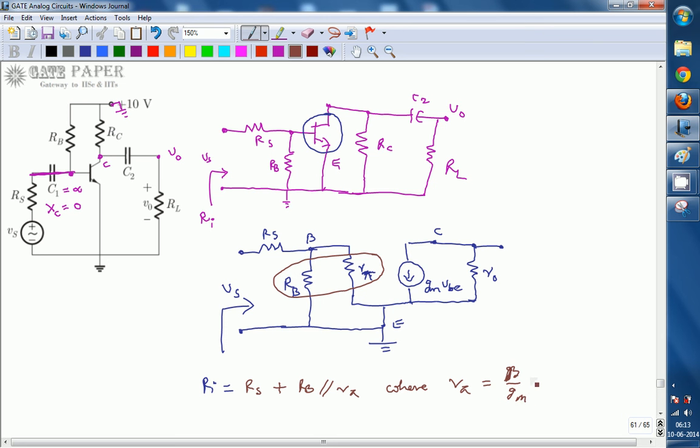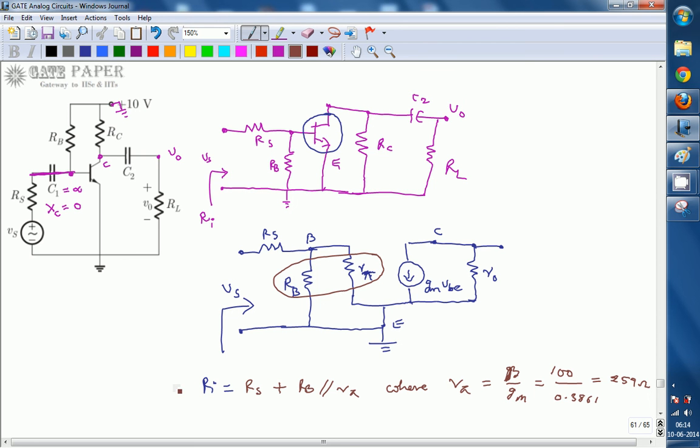Beta is given as 100 and GM is given as 0.3861 ampere per volt. So this will be equal to 259 ohms, that is 0.259 kilo ohms.